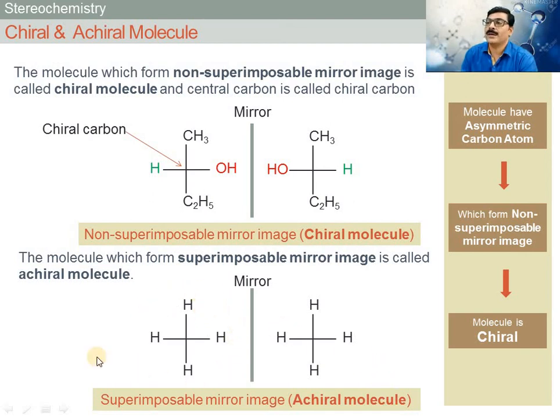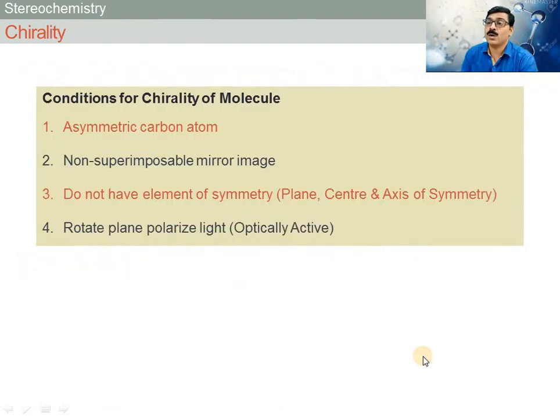In short, a molecule having an asymmetric carbon atom which forms a non-superimposable mirror image is called a chiral molecule. Now this is the third basic term, that is chiral and achiral molecule. Now then, what is called chirality?